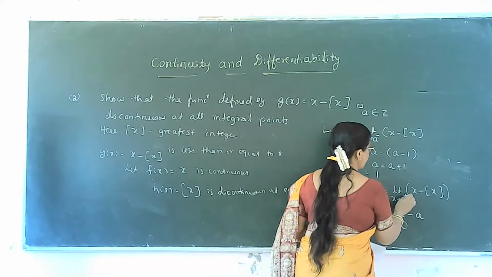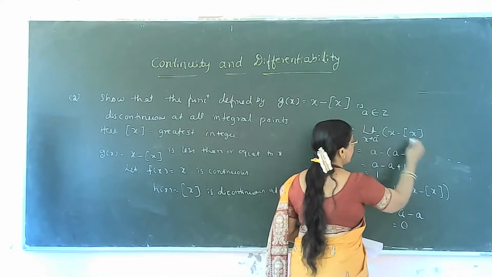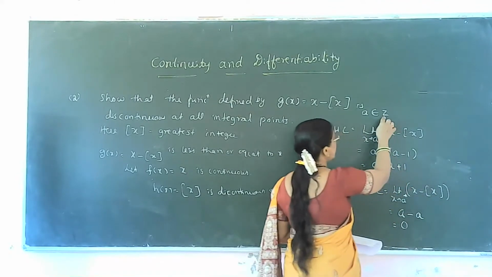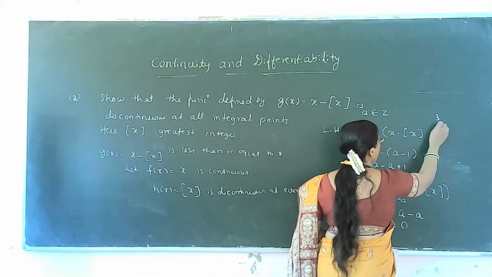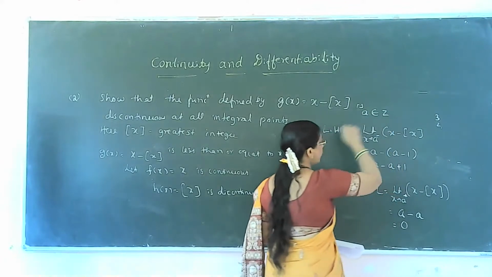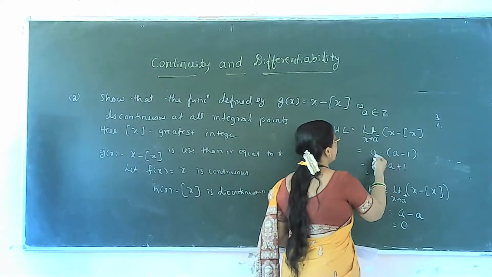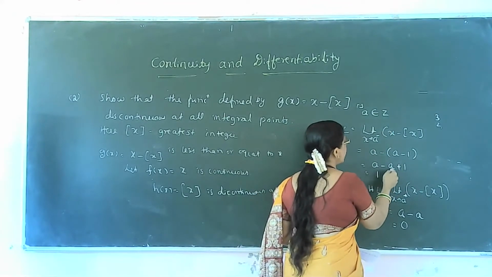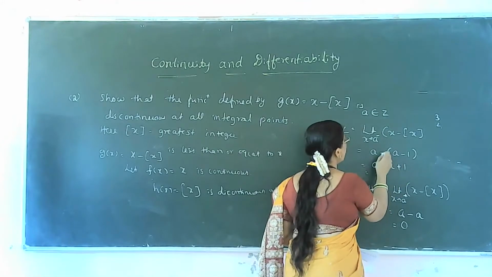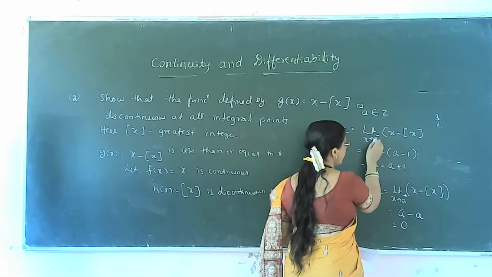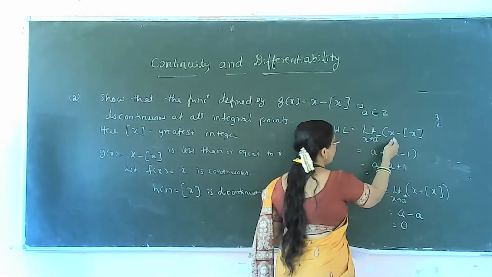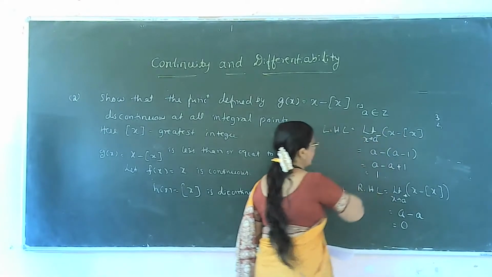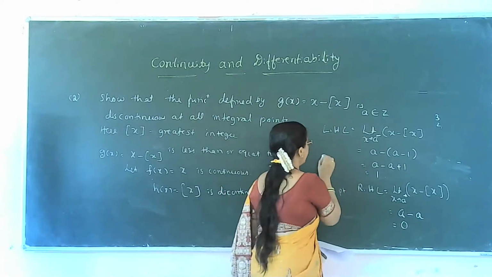Here the greatest integer function at the positive side. A belongs to Z, for example 3 or 4, a positive number or a negative number. But a minus (a minus 1) is the negative side, the LHL side of the function at a.